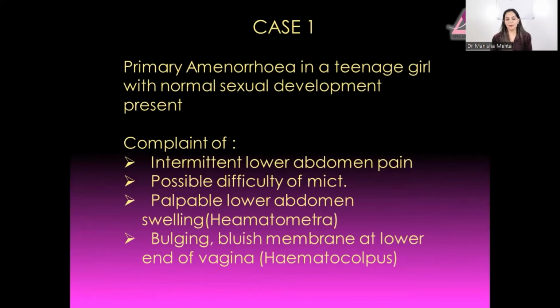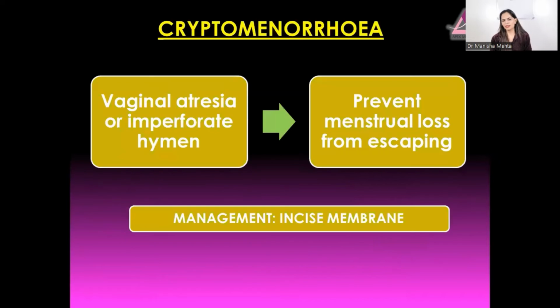And you can see the bulging membrane, hematocolpus. This is a very, very common case. All those who have been practicing for years have already seen it. If it is an imperforate hymen, it is very easy to incise, but if it is vaginal atresia, it is not recommended to just start doing it by yourself, because you have to do it in the presence of a laparoscopic surgeon, in the presence of a urologist, because we never know what all is included.